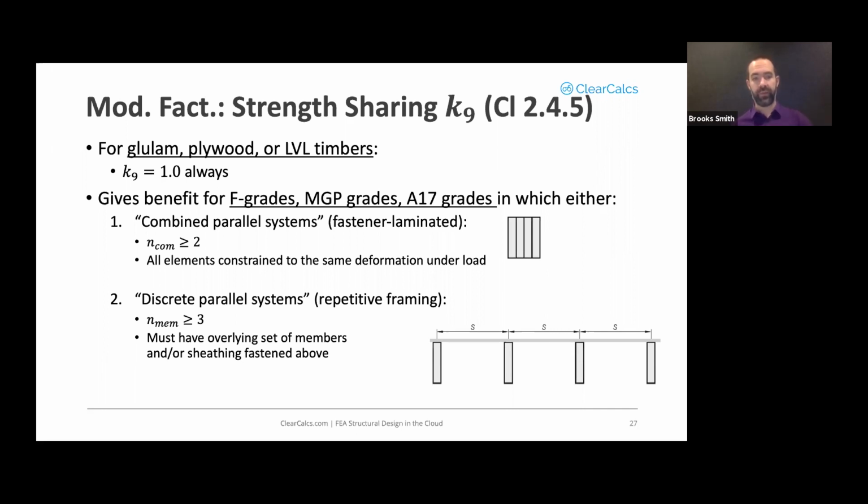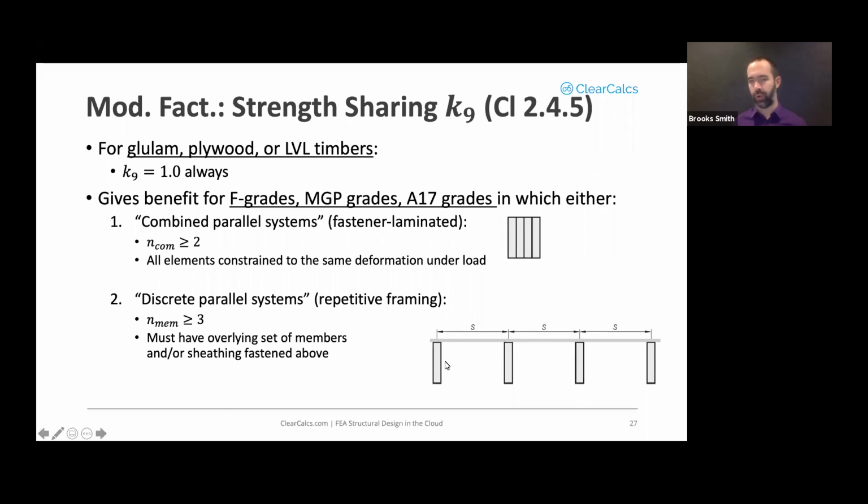It also allows you to take a benefit if you have a discrete parallel system, so repetitive framing. For this, if you have multiple parallel members, at least 3 parallel members, then you can also take advantage. The one additional requirement is that you have to have an overlying set of members.